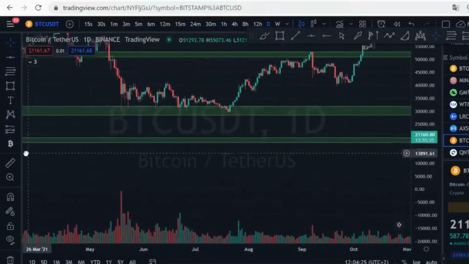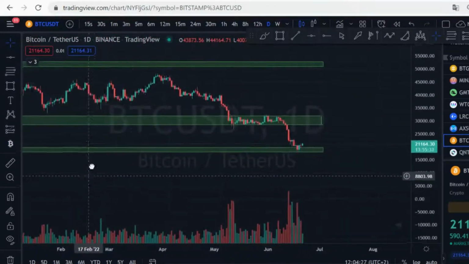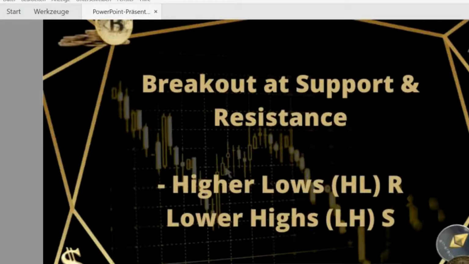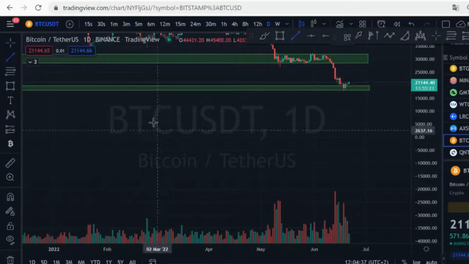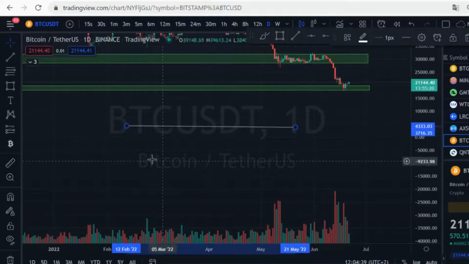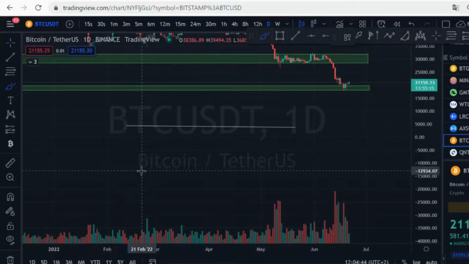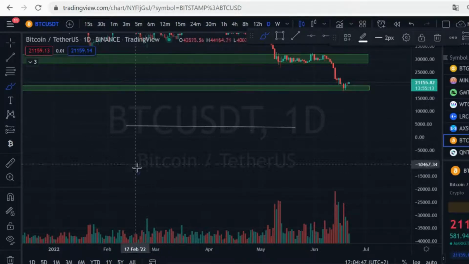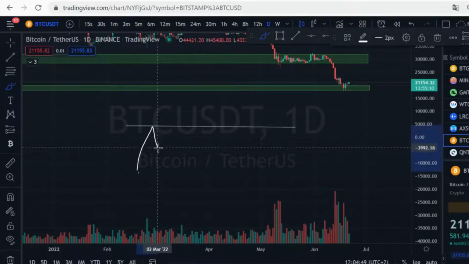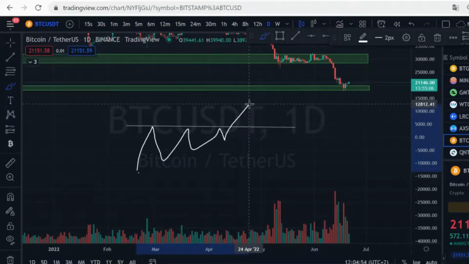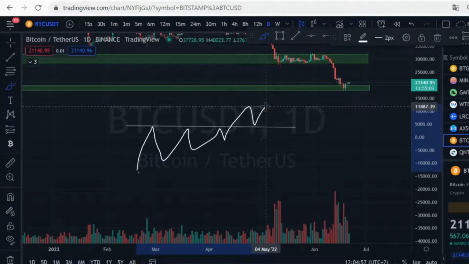So maybe let me draw this for you, so that you can clearly understand it. So first one is we want to look at higher lows if it comes to resistance. So that is right now the resistance, and the price is ranging like this, then breakout, come to the previous high, so boom.